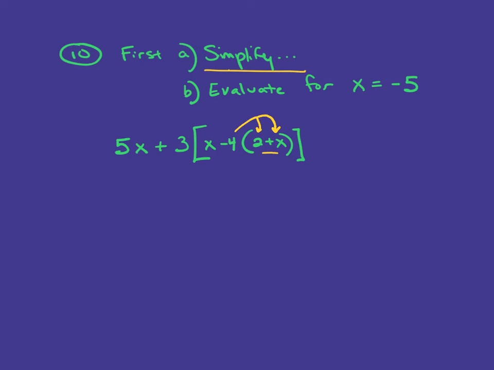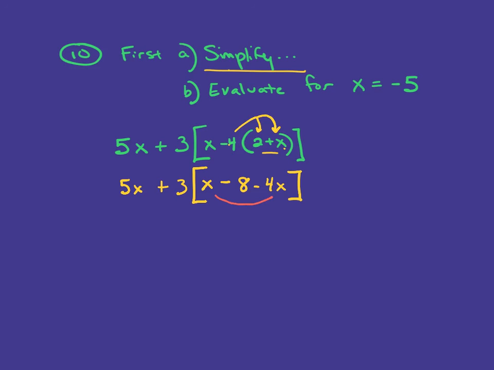So we'll distribute the negative 4, and then we'll write below what we've got now. So 5x plus 3, still got that big bracket there, and then x, negative 4 times 2 is negative 8. Negative 4 times x is negative 4x, and then we'll close bracket. And then from there, we've got some like terms inside of this bracket that we can put together.